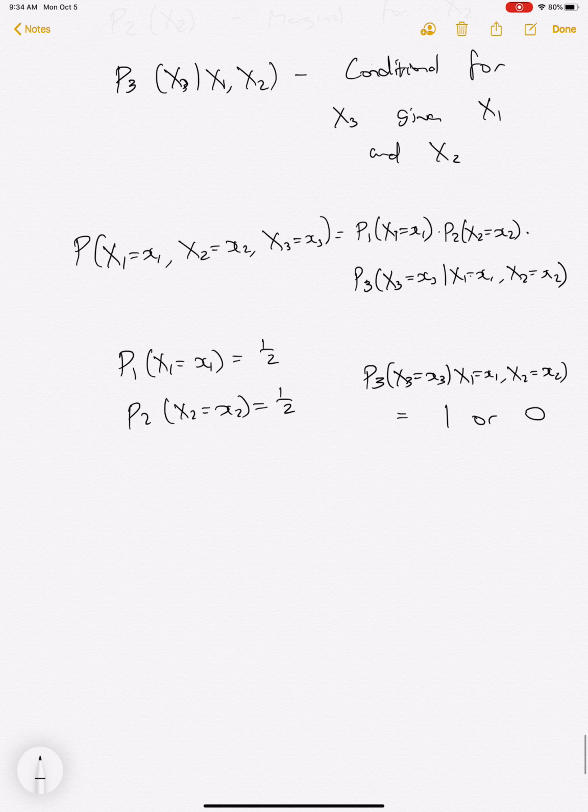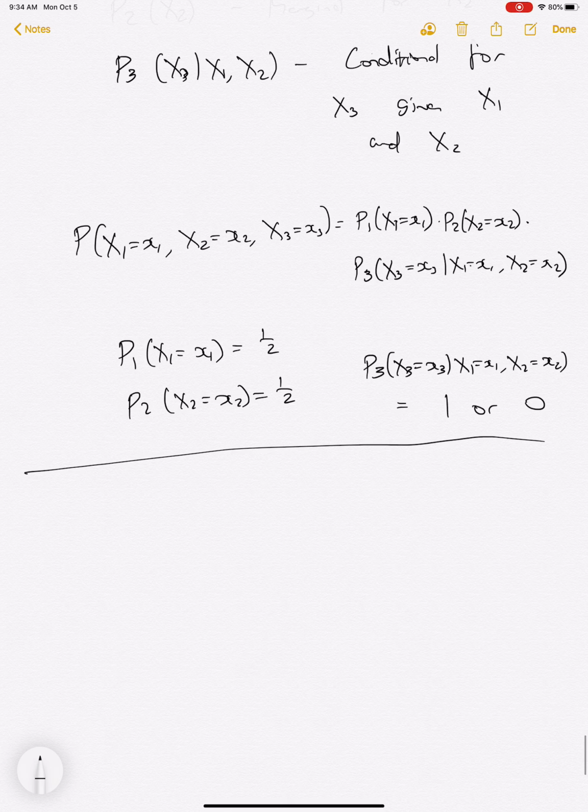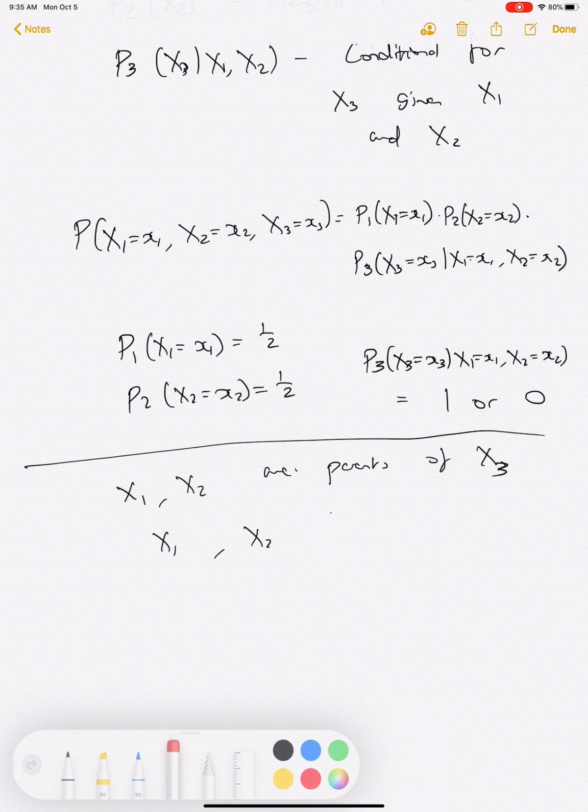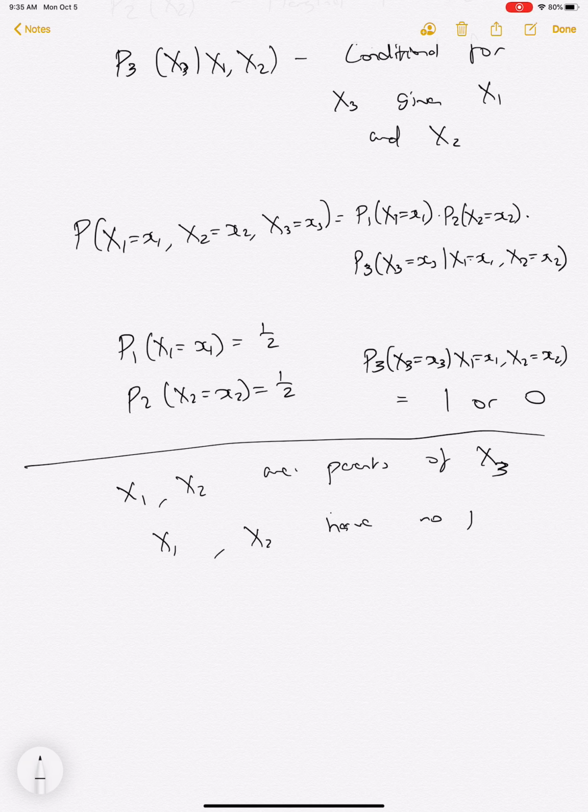And so note that, recall here as well that x1 and x2 are parents of x3, and x1 and x2 have no parents.